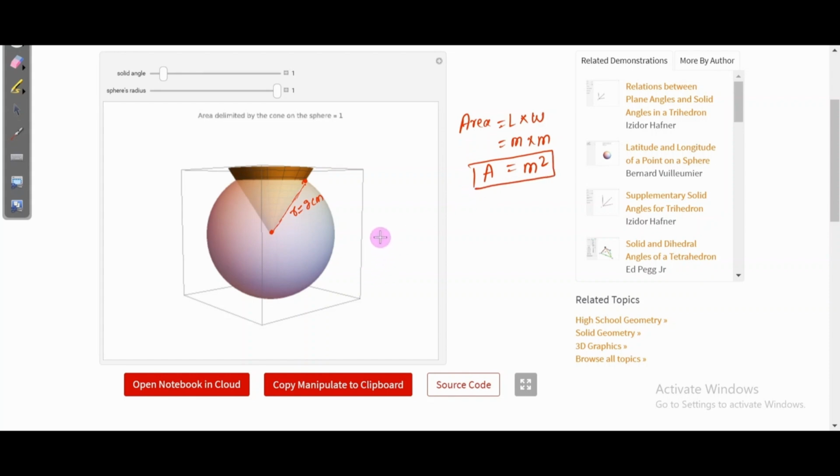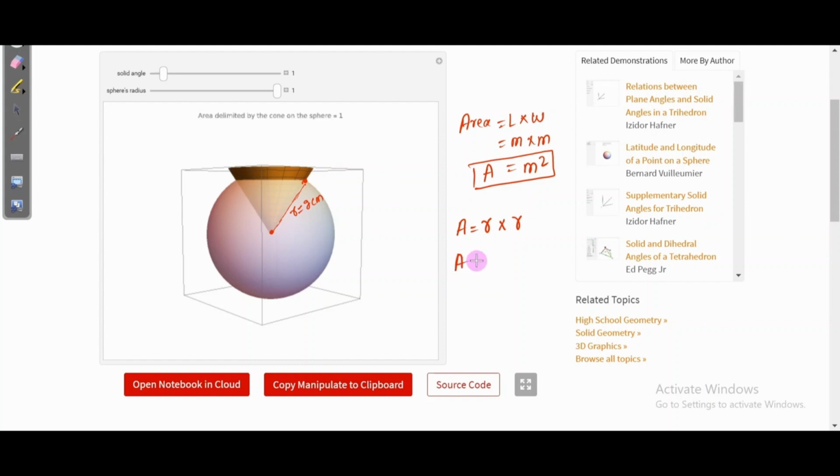By taking the same analogy, we can find the area of the surface from this radius. Area of the surface in this case is equal to radius multiplied by radius, because one radius is measured in meter and the other one is also measured in meter. When multiplied, they give us meter square, which is the unit of the area.